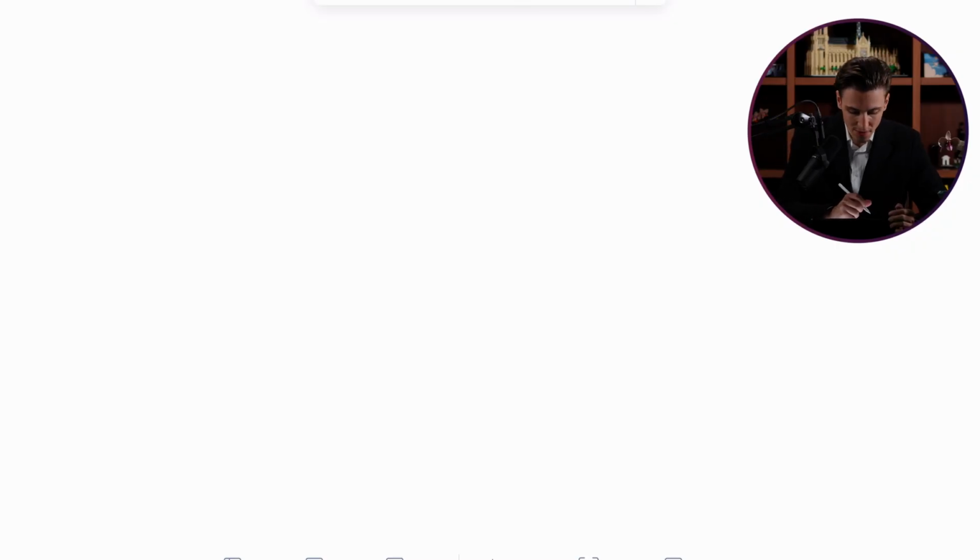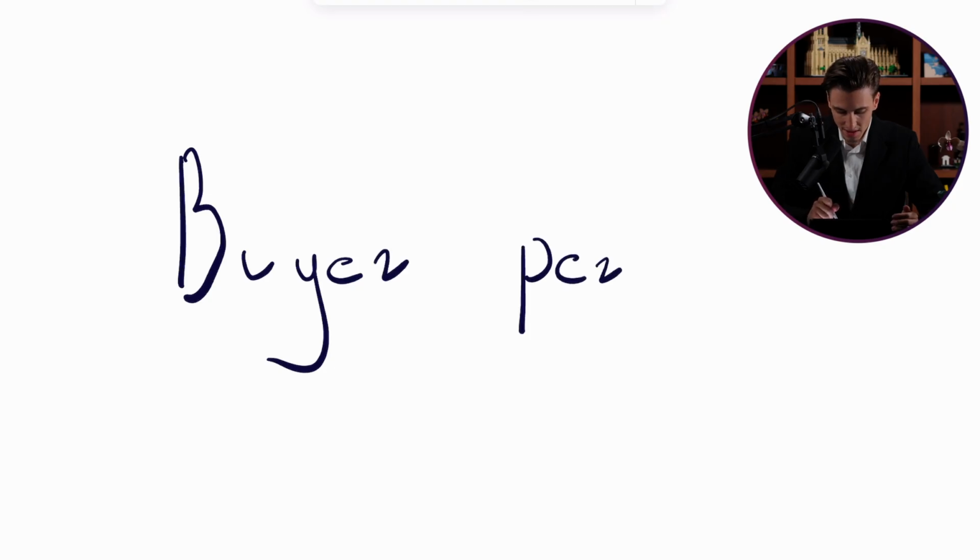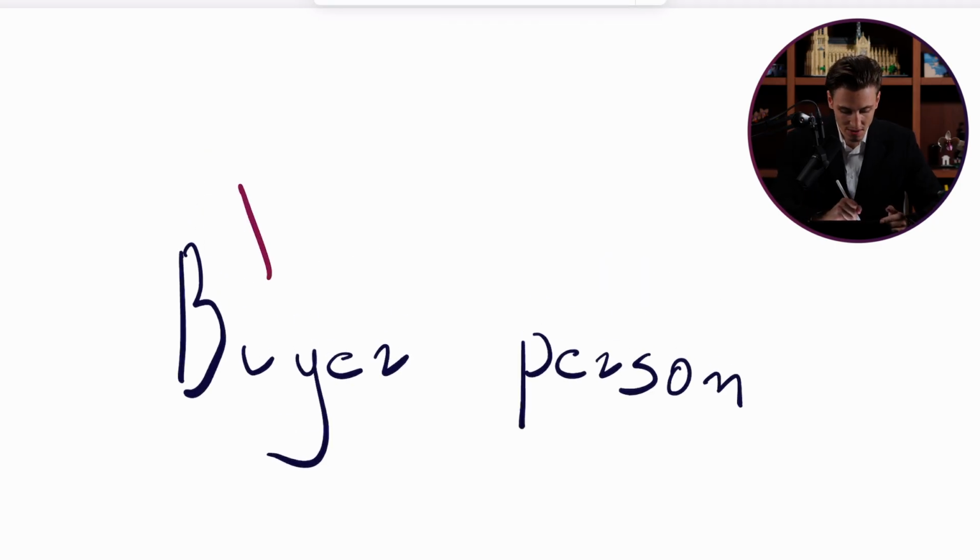And if you watched the previous video, then you are probably gonna remember the buyer persona, because the segmentation is part of it. So for anyone who hasn't watched it, let's go very quickly through the concept of buyer persona and explain what role the segmentation plays in it. So we had the value proposition, which we talked about in our previous video.